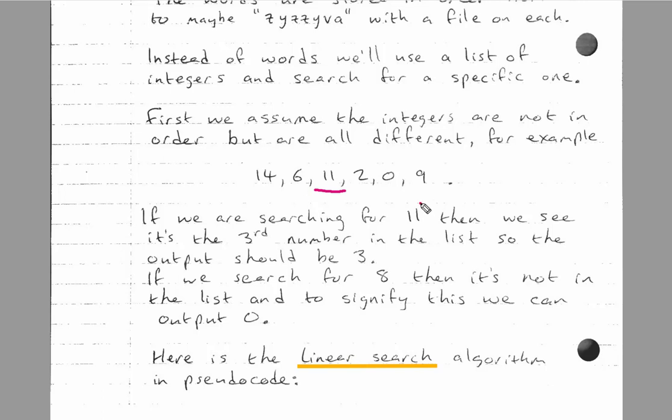So if we're searching for 11, the output should be 3. If we search for 8, I don't see it. It's not in the list, so to signify this, we could output 0. So 0 means not in the list.